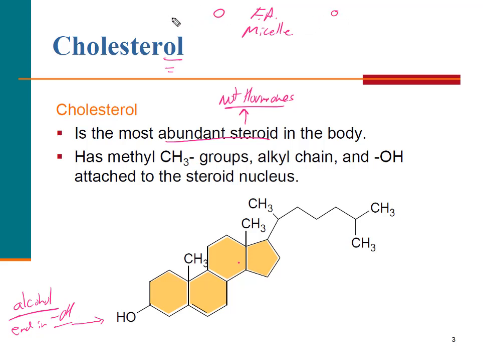It has a long hydrophobic tail, and then it has the acid group, which has a negative charge. So the fatty acids form this thing called a micelle, and all the polar head groups are on the outside, because they're polar and they're going to interact with water.